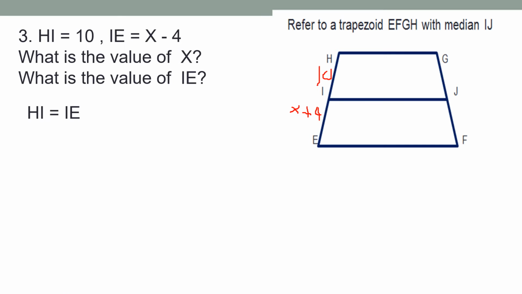HI is equal to IE because they have the midpoint I. 10 equals x minus 4. So add both sides of equation by 4. So 14 equals x. What is the value of IE? IE is equal to 14 minus 4. IE is equal to 10.